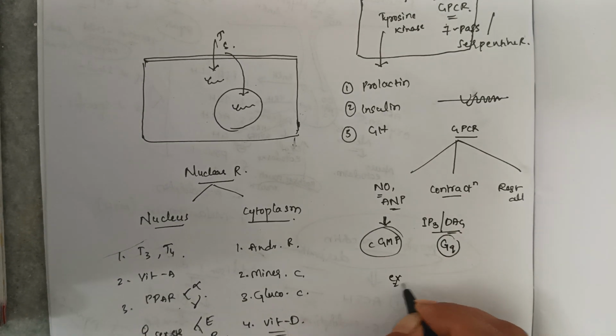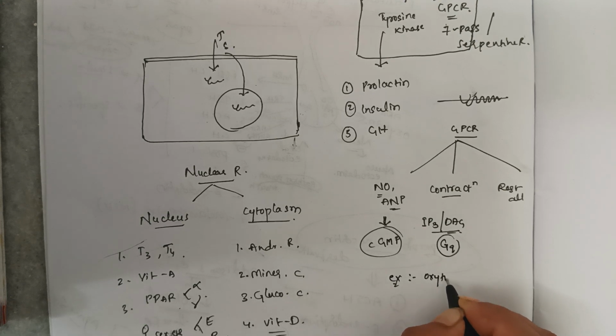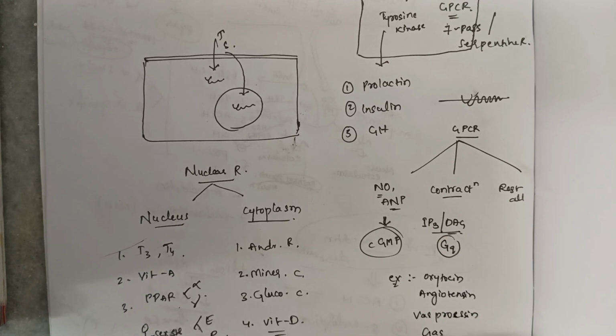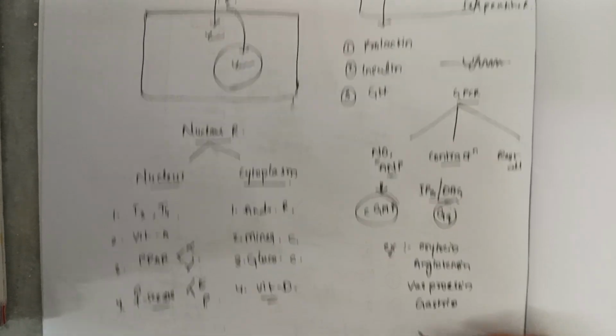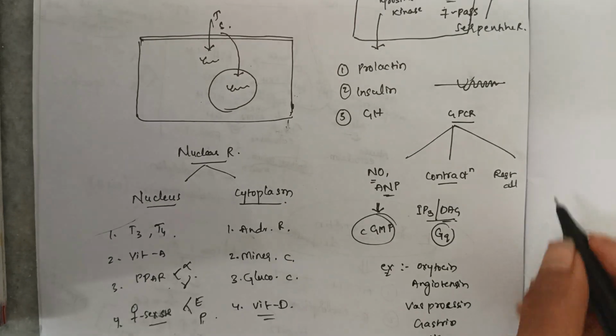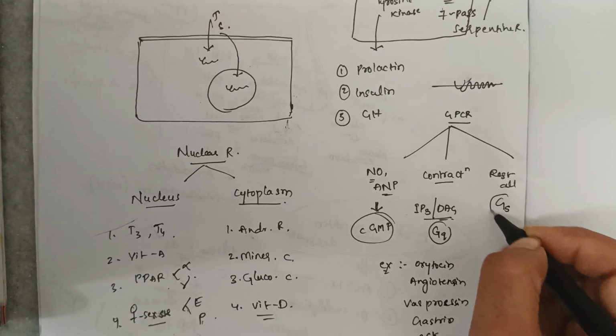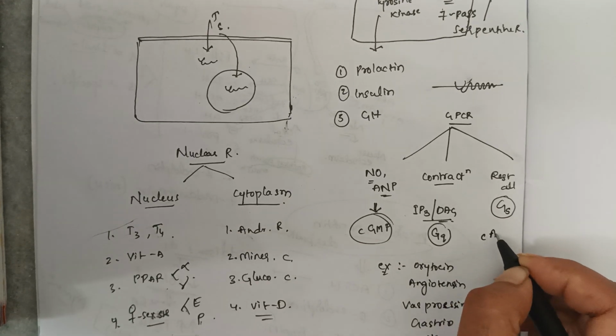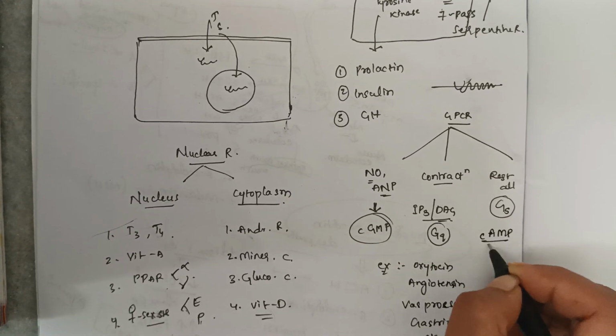For example, oxytocin, because it helps in contraction. Angiotensin, yes, vasoconstriction. Next, vasopressin, obviously vasoconstriction, and ADH also. Gastrin, GI contractility. Cholecystokinin, gallbladder contractility. All the rest act via the G stimulatory subunit by increasing cyclic AMP.